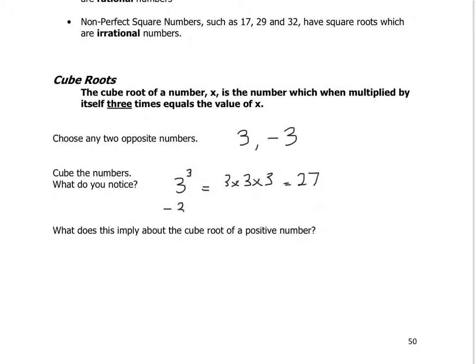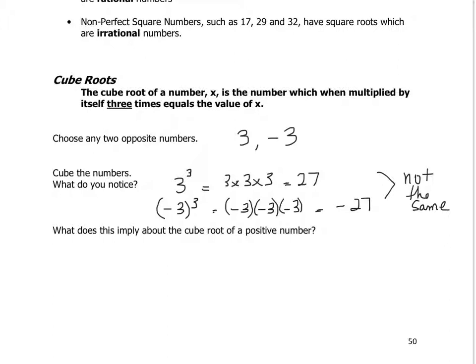And -3 cubed is -3 times -3 times -3, which is -27. So these aren't the same values. Unlike square roots, the cube of a positive and a negative don't result in the same answer.